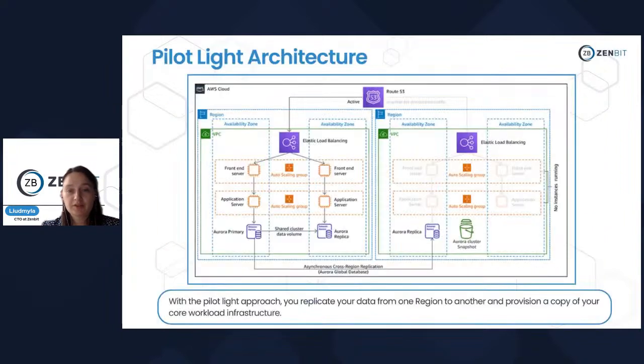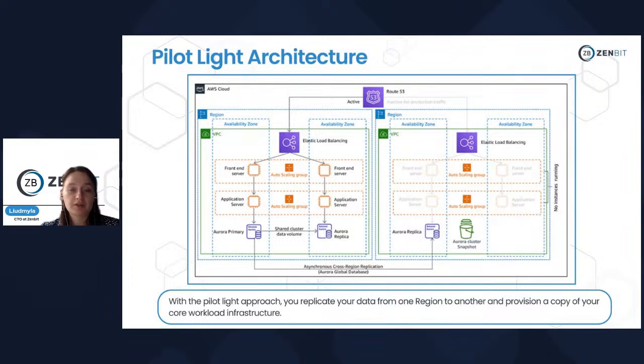Next one, let's check the pilot light architecture. With the pilot light approach, you replicate your data from one region to another and provision a copy of your core workload infrastructure.